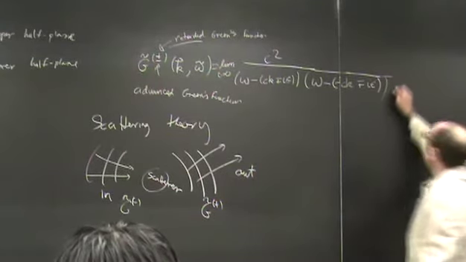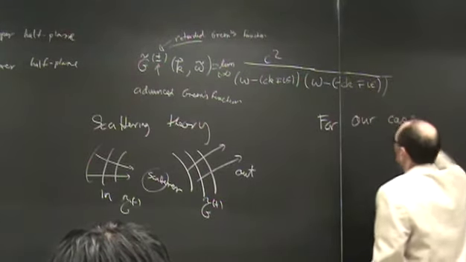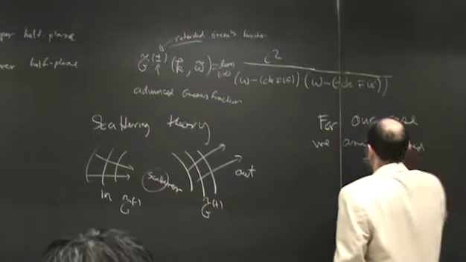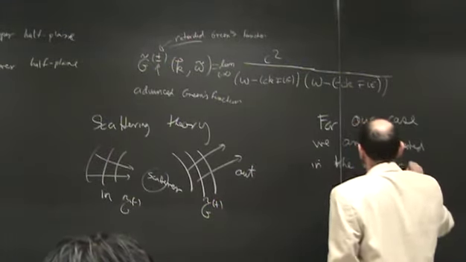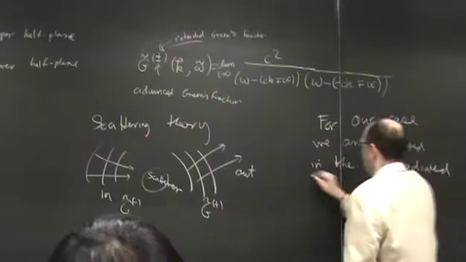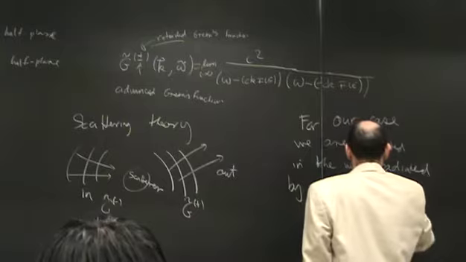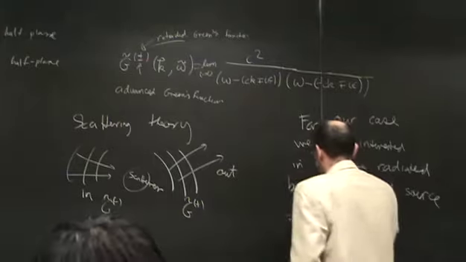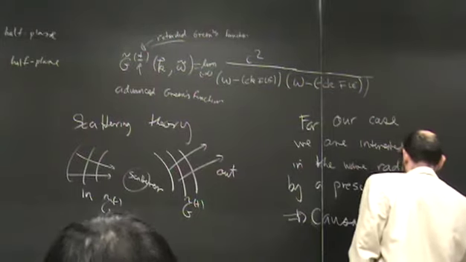But here, for our case, we are interested in the wave radiated by a prescribed source. And that means that we're interested in the causal solution, the retarded Green's function.